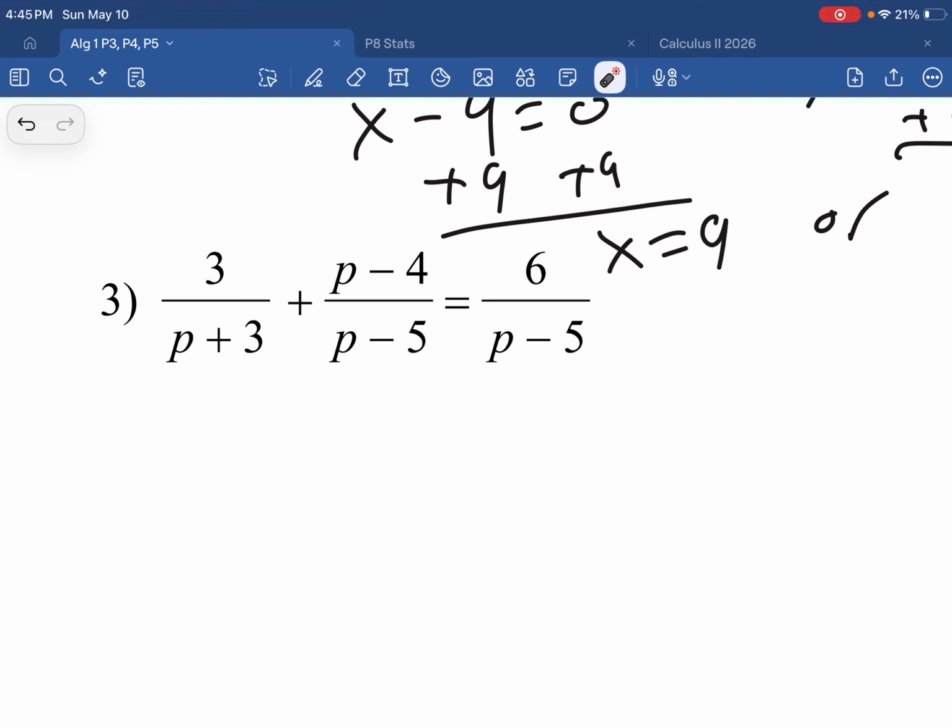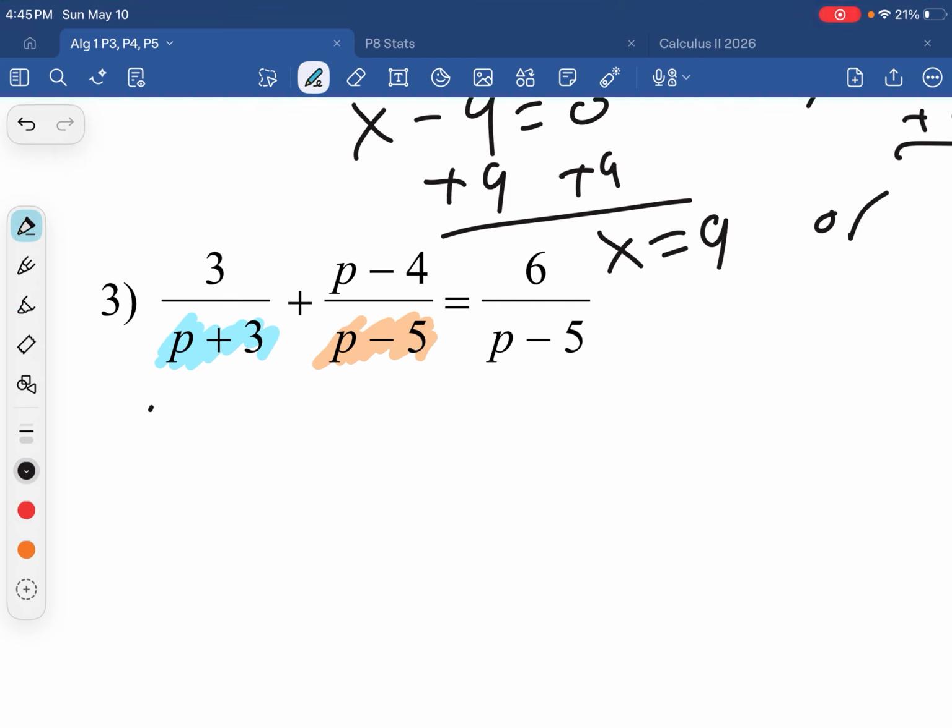My least common denominator is going to have a factor of p plus 3 and p minus 5. So when I rewrite this, 3 divided by p plus 3 plus p minus 4 over p minus 5 equals 6 over p minus 5.